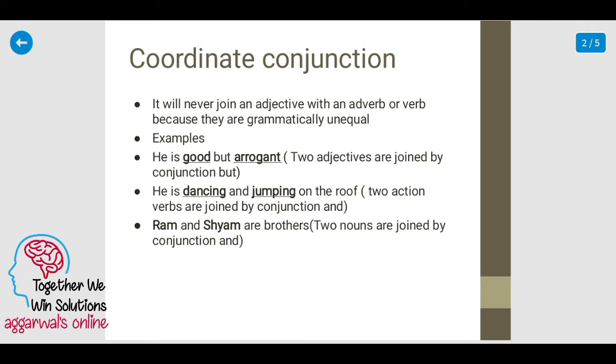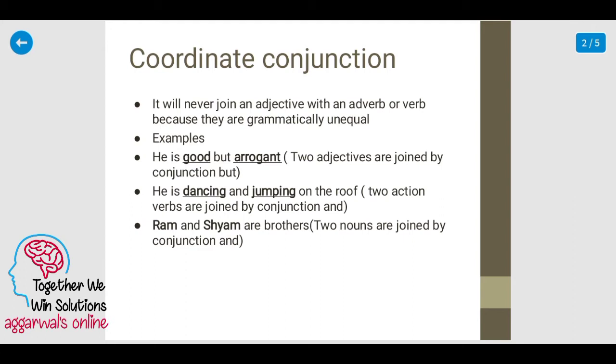Now next, coordinate conjunctions never join an adjective with an adverb or verb. See, as I already told, coordinate conjunctions always join those words or phrases that are of equal grammatical rank. That means it will always join those elements that are used in a similar manner in English grammar.